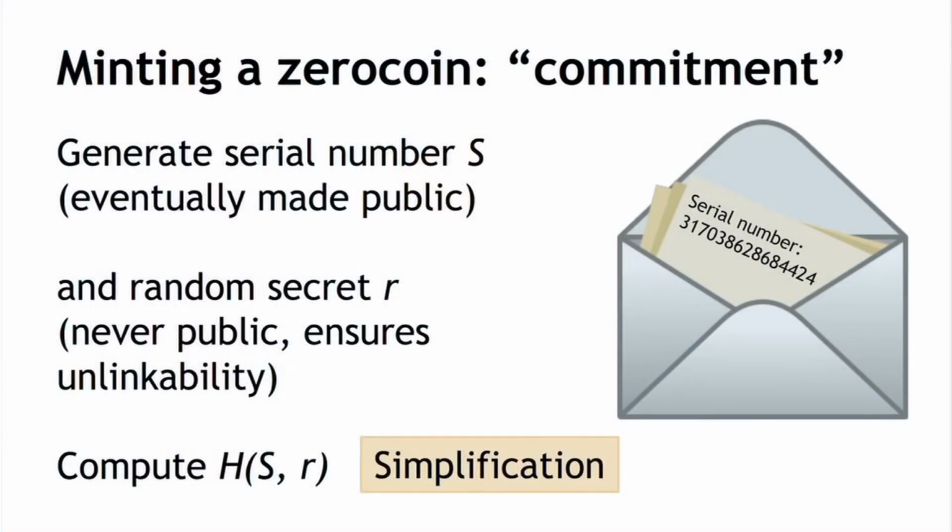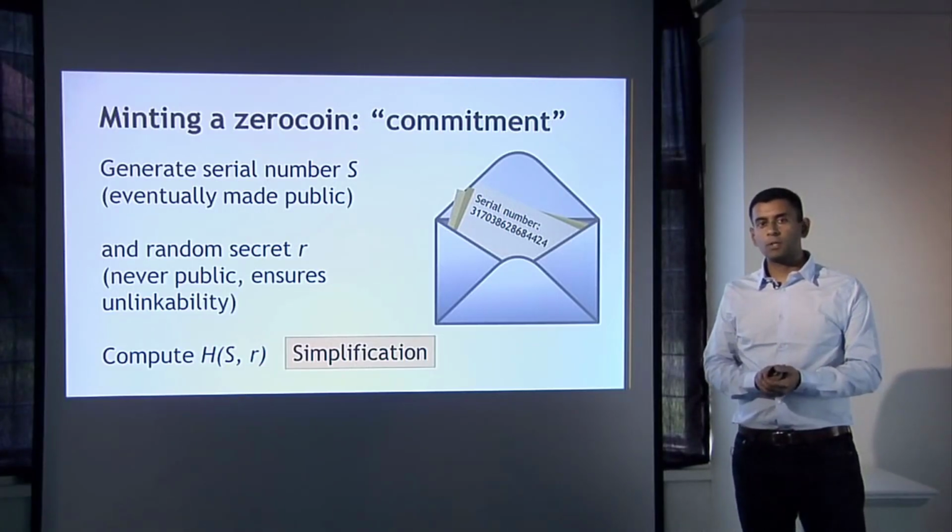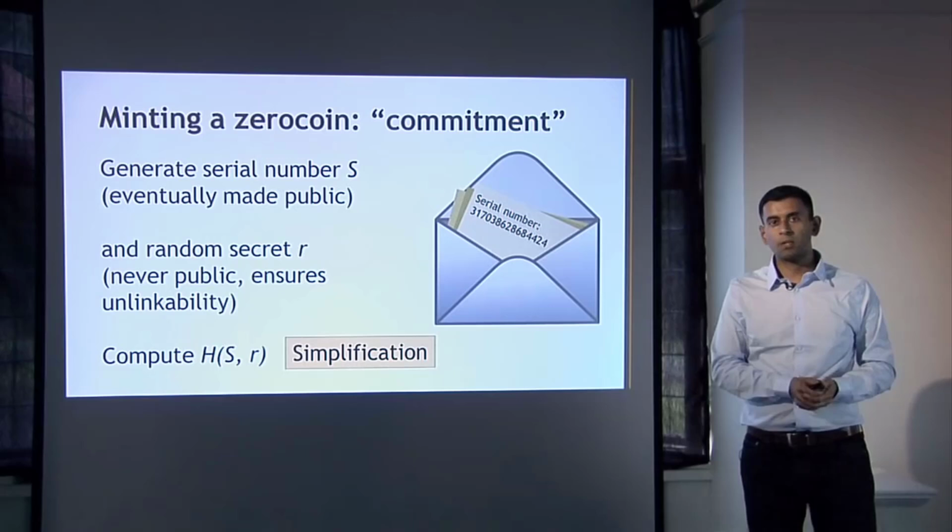Okay. So here's how, specifically in cryptographic terms, we mint a zero coin. It's something called a cryptographic commitment. What a cryptographic commitment is intuitively, you can think of it as you're taking a serial number, a random serial number that you generated, and putting it into an envelope. So this intuitive notion of putting it into an envelope, cryptographically, what does that correspond to?